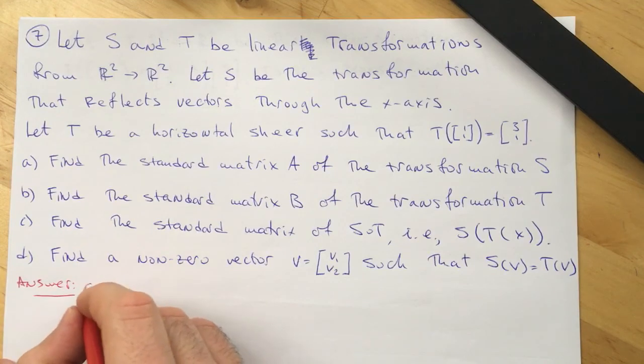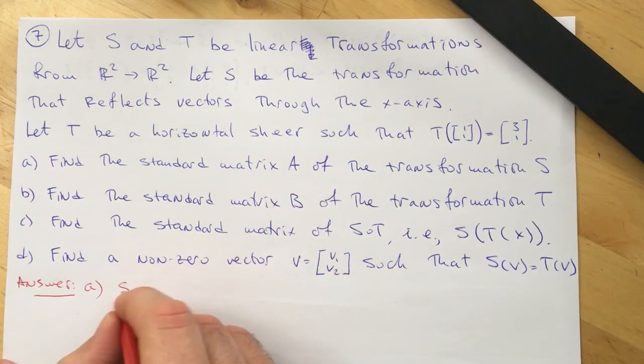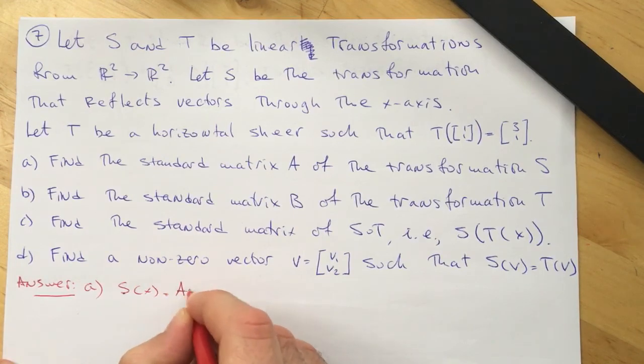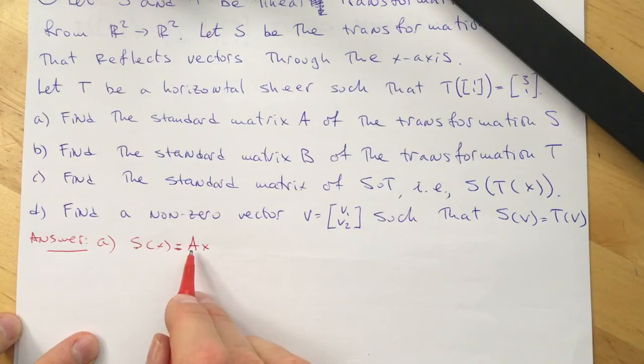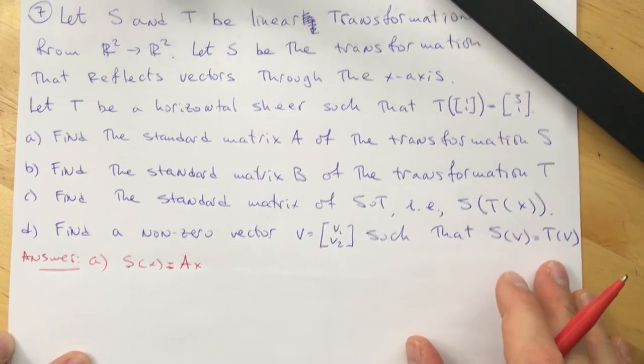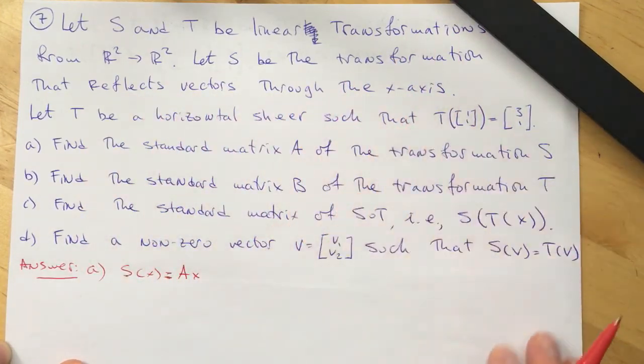So first part A, I'm looking for this matrix A such that S of X is equal to A times X, where X is some two-dimensional vector. And what did I say? Either you can remember what this matrix is, given that the transformation reflects vectors through the x-axis, okay?